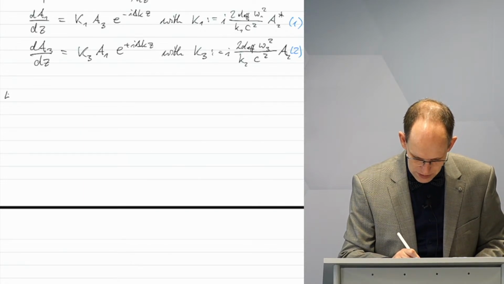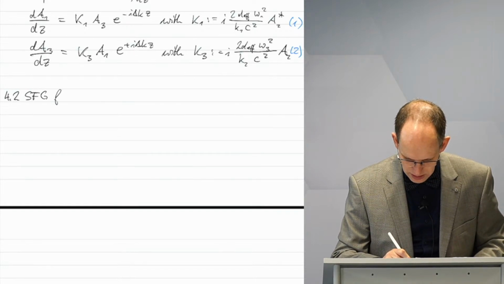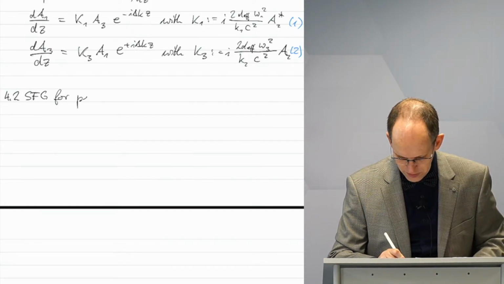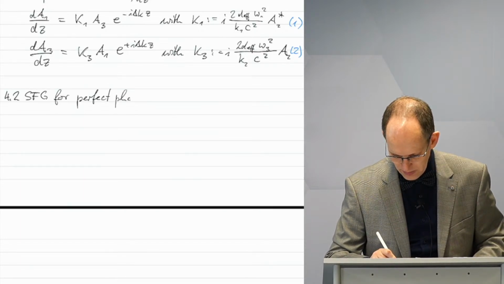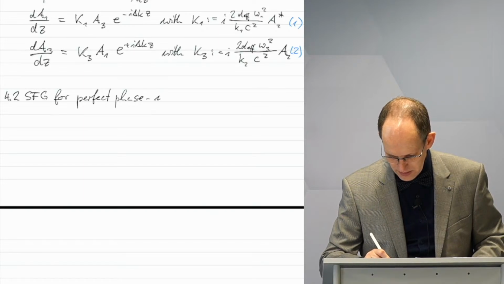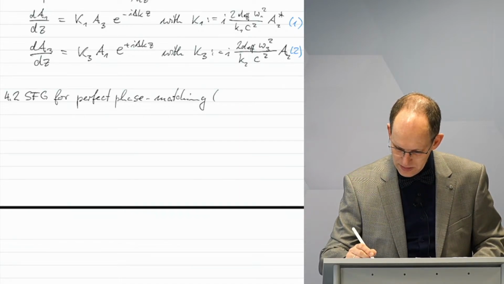So 4.2, sum frequency generation for perfect phase matching, which means delta k equal to 0.